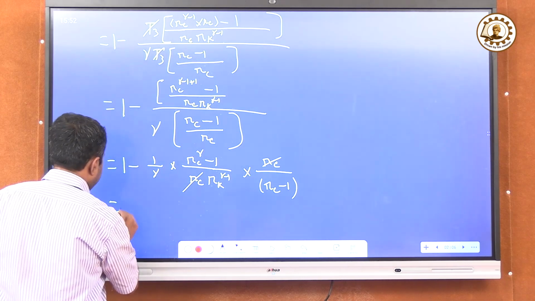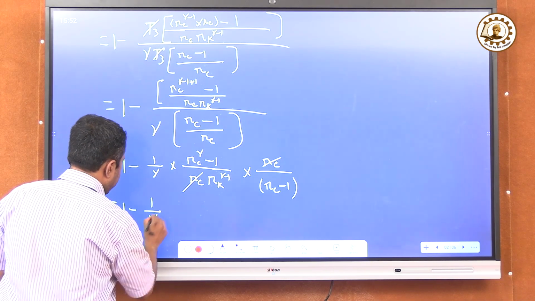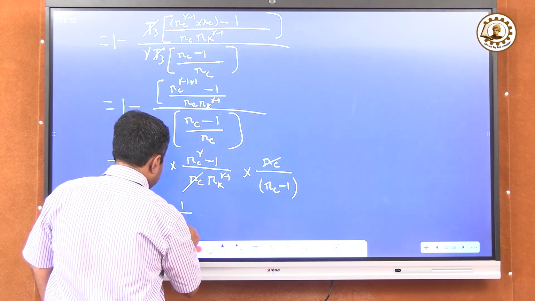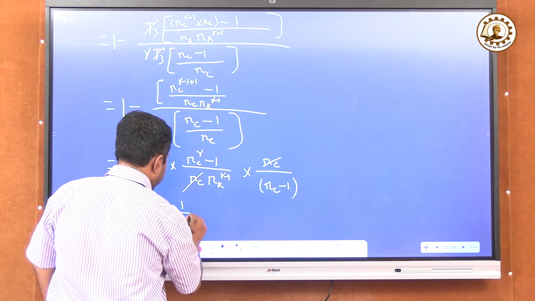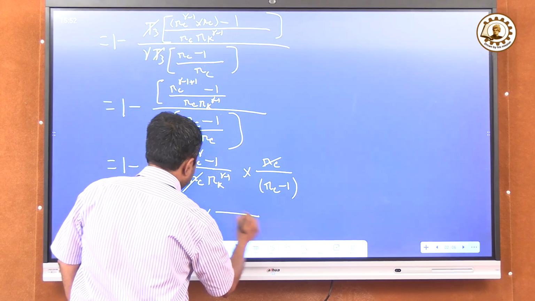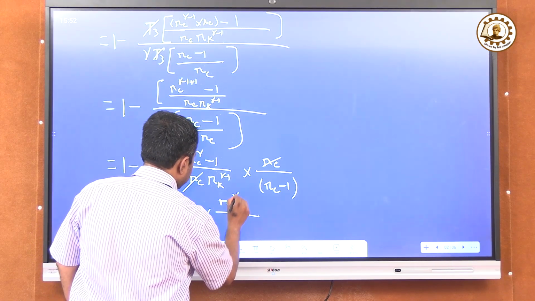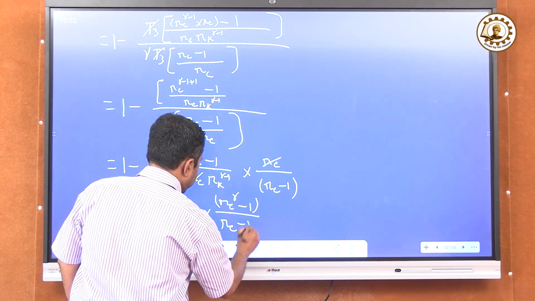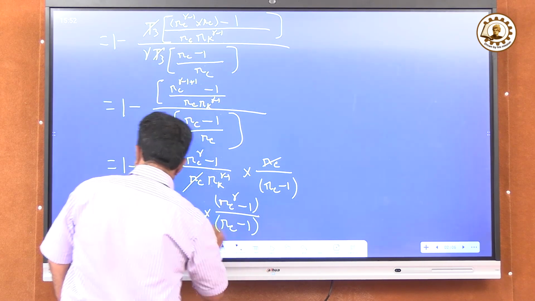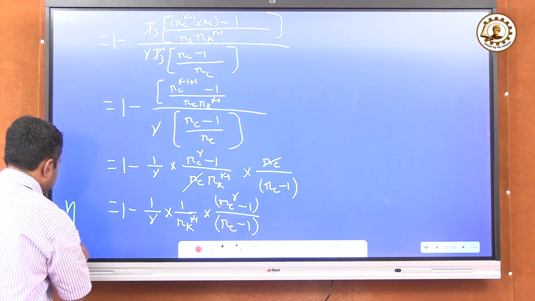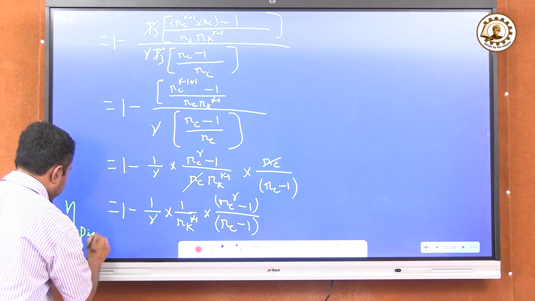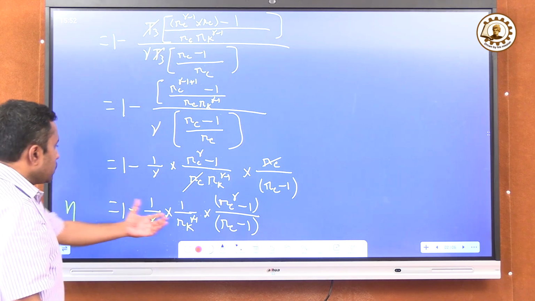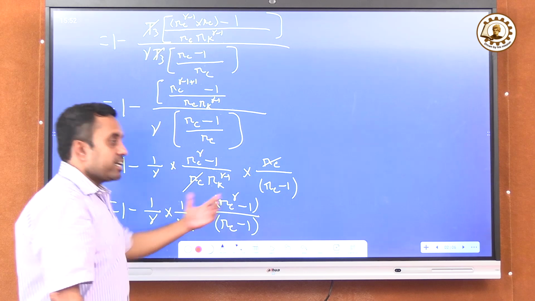Now we can write 1 minus 1 by gamma into 1 by Rk to the power gamma minus 1 into Rc to the power gamma minus 1 by Rc minus 1. This is the derivation of the efficiency of the diesel cycle in terms of compression ratio and cutoff ratio.